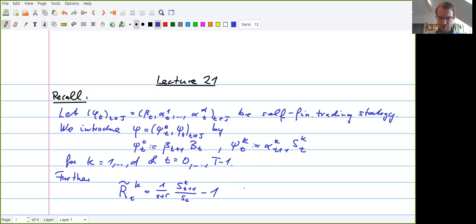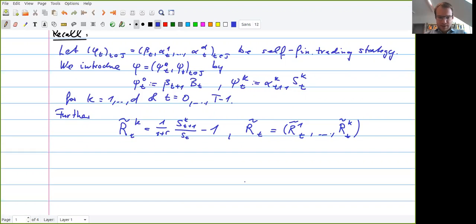So these are the discounted returns. Again, we have it for k, as before, and we said then the vector of discounted returns is just without the upper label k here. So if I drop the upper label, it is the vector of the discounted returns.